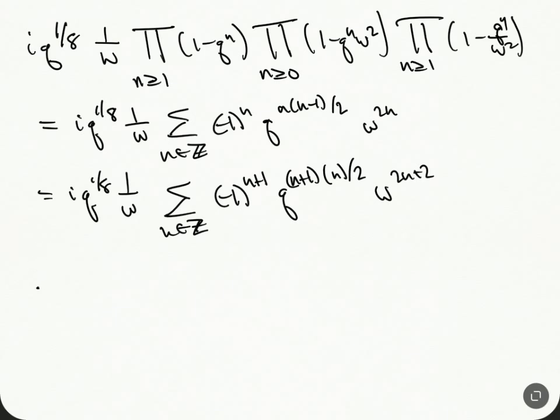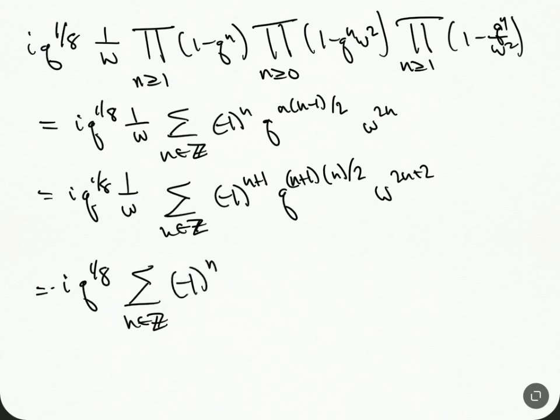Now this becomes i to the q 1/8. Now that there's two of these, we can get rid of one of them. Here we just have the same thing. So now it's pretty clear that we have 1 to the n.